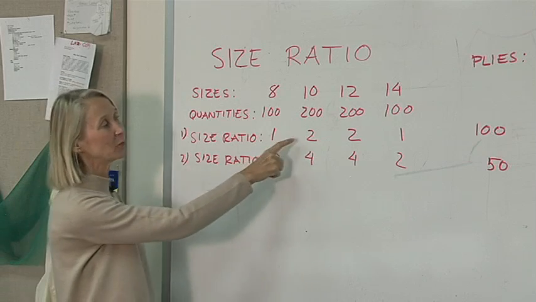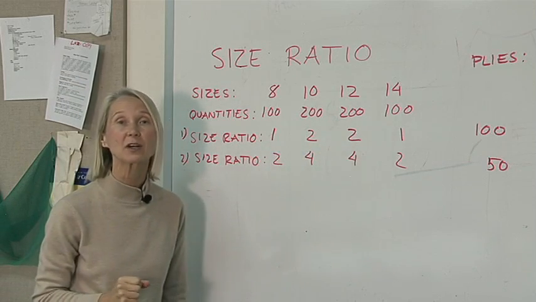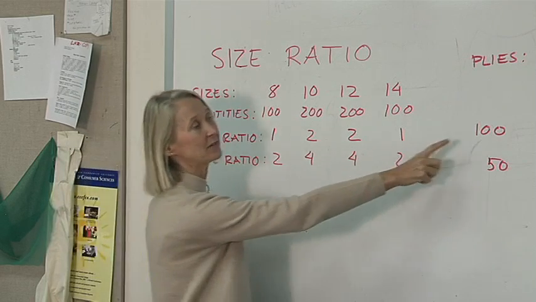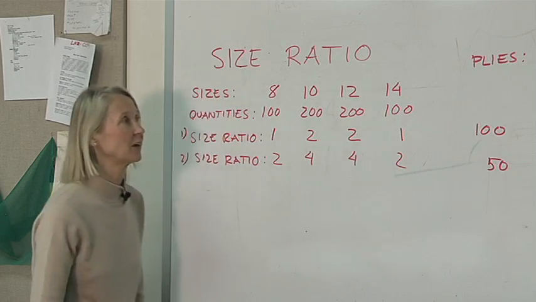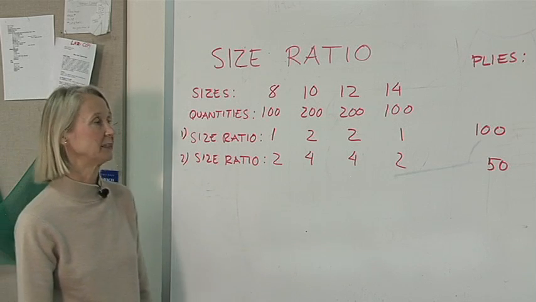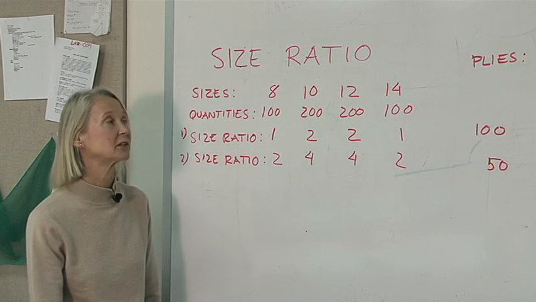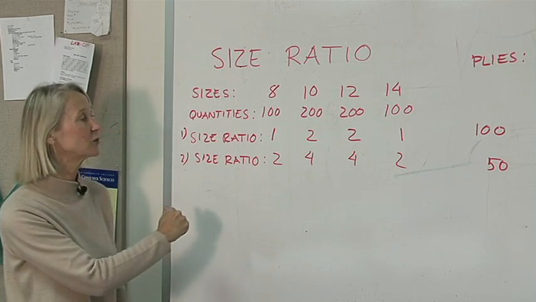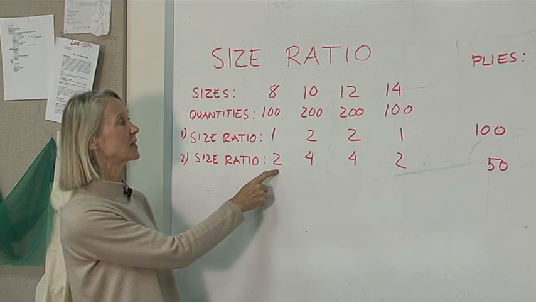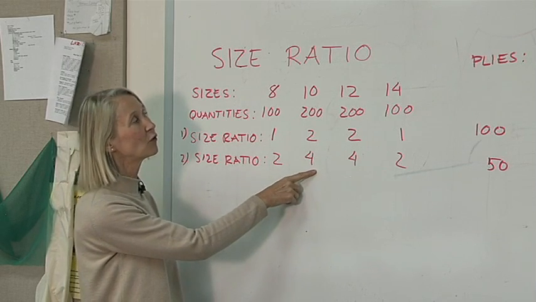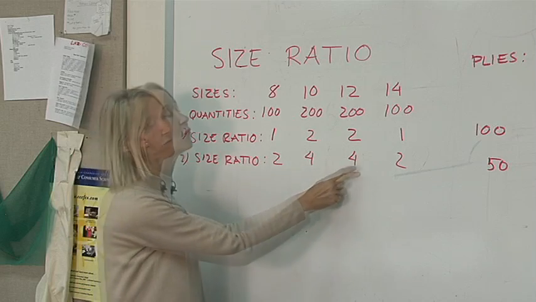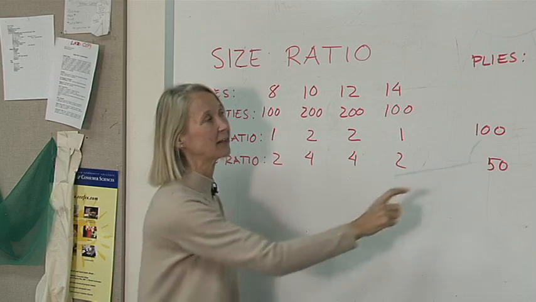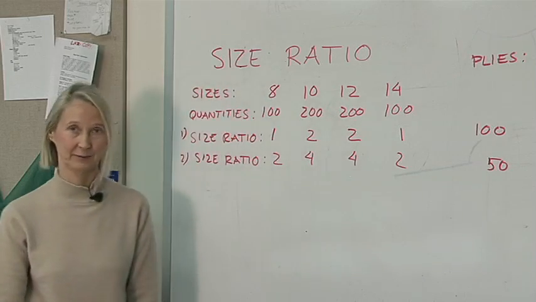So total units marked on the marker paper is 6, and that means you have to have 100 plies of fabric. Another possibility is to mark 2 of size 8, 4 of size 10, 4 of size 12, and 2 of size 14. And then you need 50 plies.